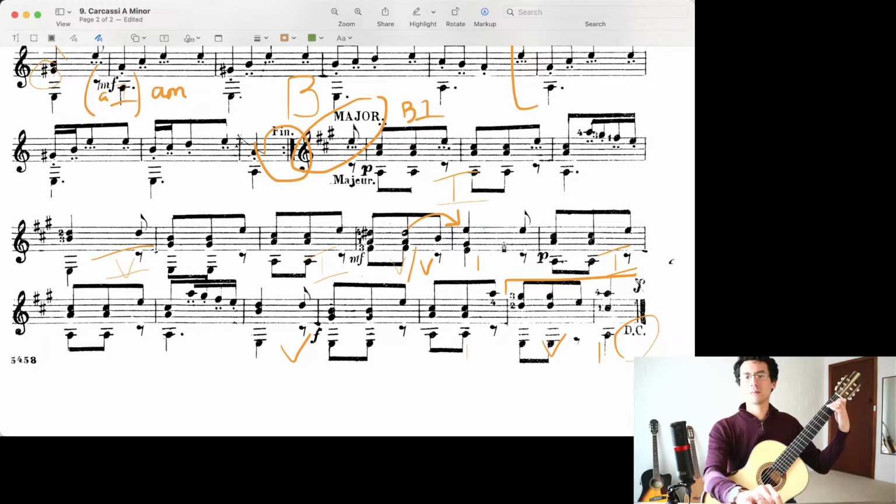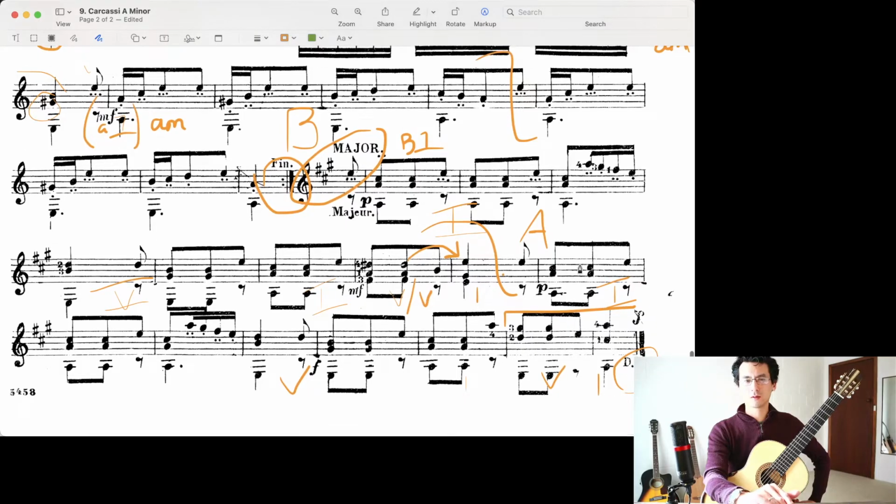Question, finishing on the dominant. Answer. Parallel period. Finishes on the tonic. Okay, so the B section I think is more simply described as a parallel period, 8 plus 8. 1, 2, 3, 4, 5, 6, 7, 8. 1, 2, 3, 4, 5, 6, 7, 8.